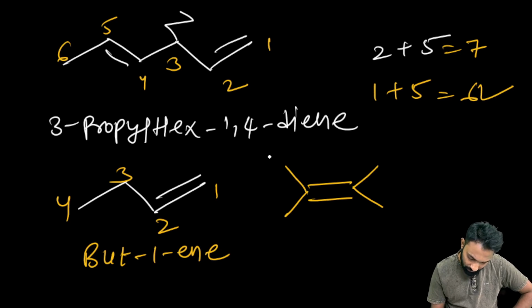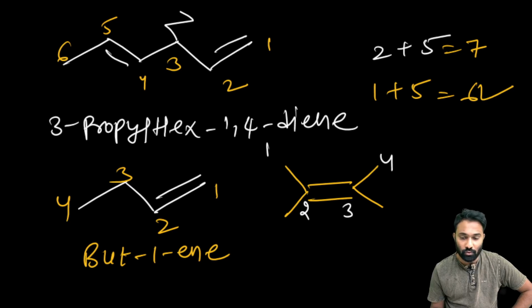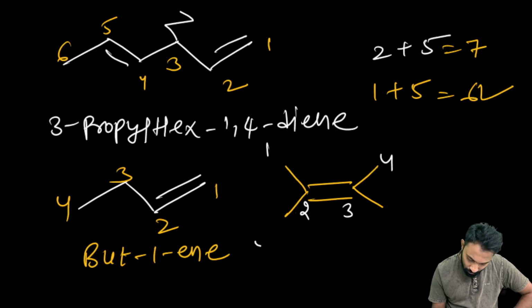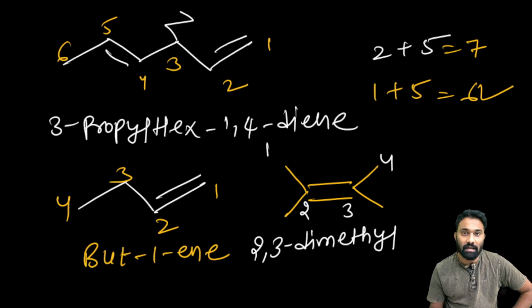Now let's suppose they have given this compound in this manner. Now here give the numbering: this is 1, this is 2, this is 3, and this is 4. Clear? And at the 2 and 3 positions, what are we having? Substituents, right? Methyl substituents. So 2 comma 3 dimethyl.